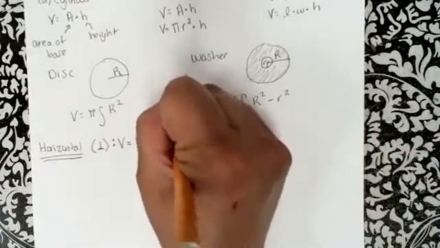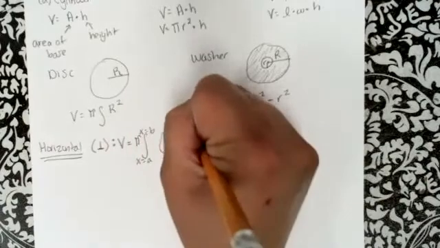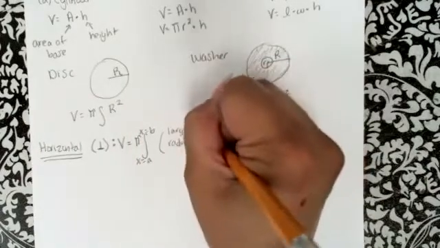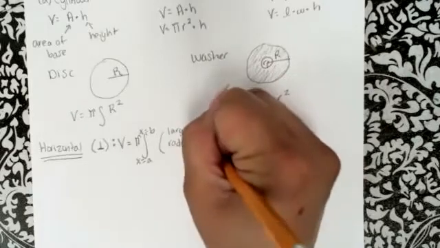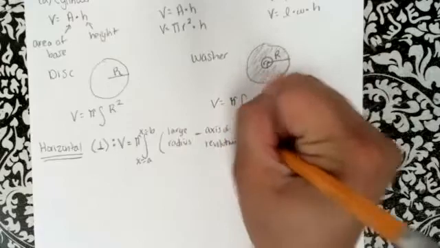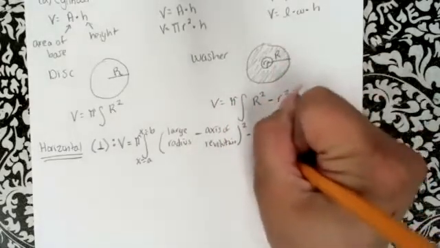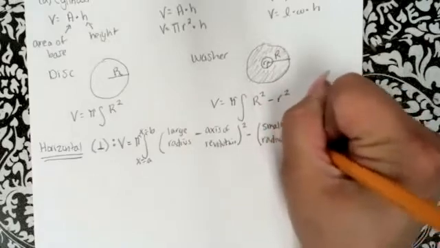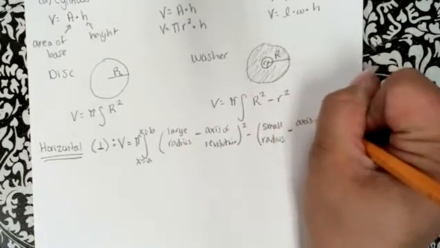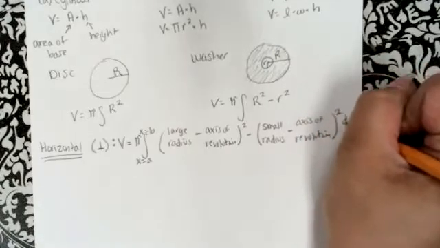It's going to be the large radius, subtract the axis of revolution, squared, subtract the small radius, subtract the axis of revolution, squared dx.